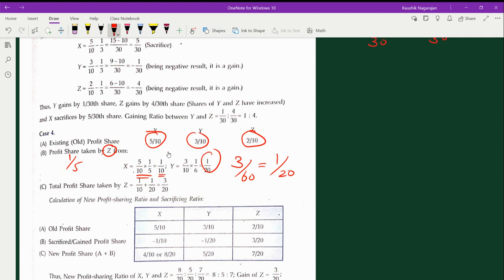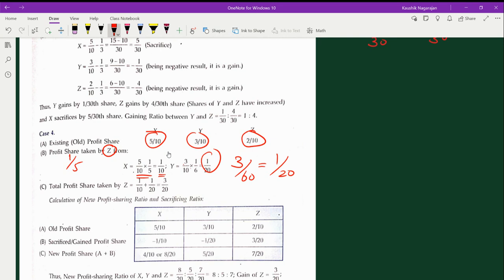Now you know what this is. This is nothing but a sacrifice, right? Because it is given as of, not from. So when there is a from, when you subtract the value, you'll get your NPSR.